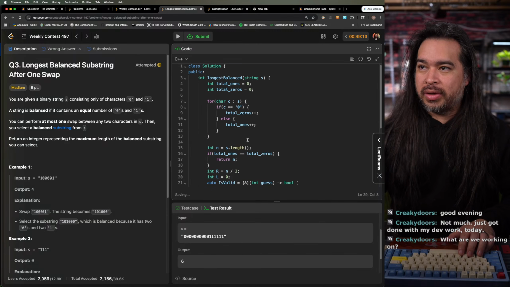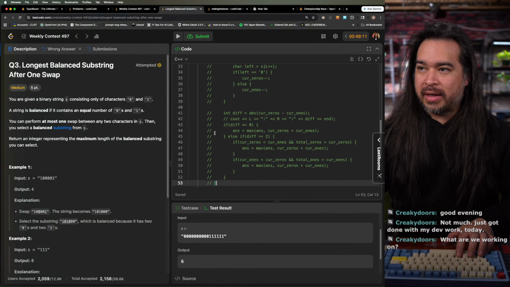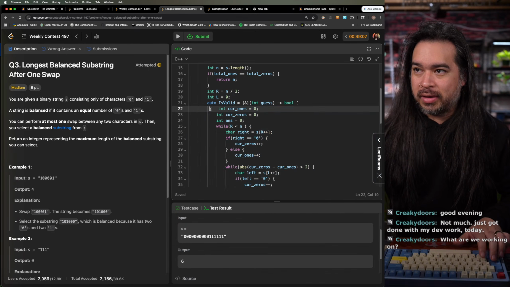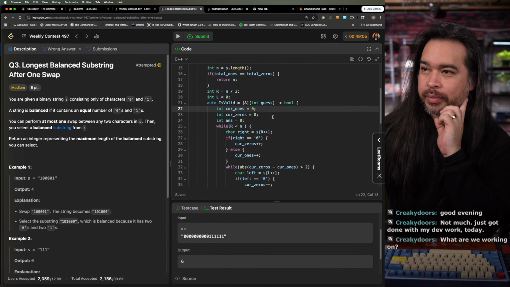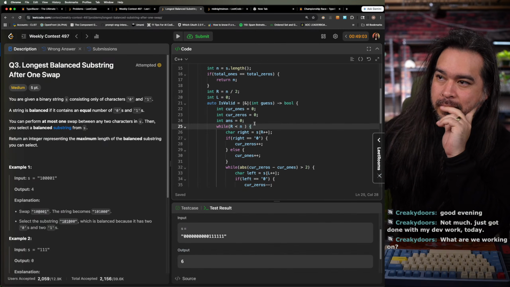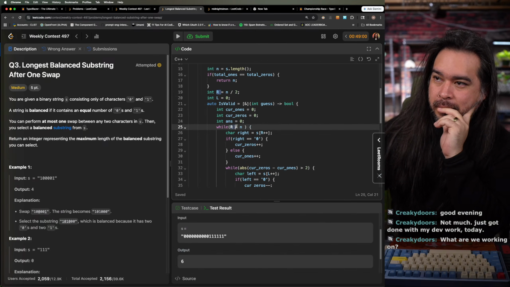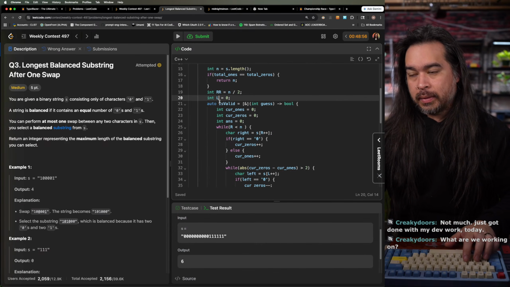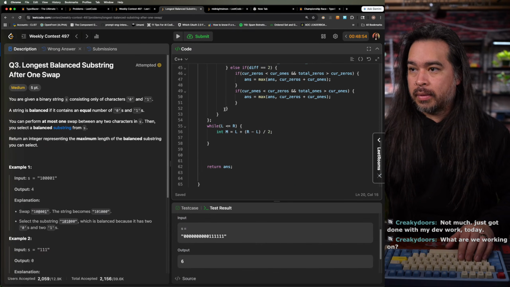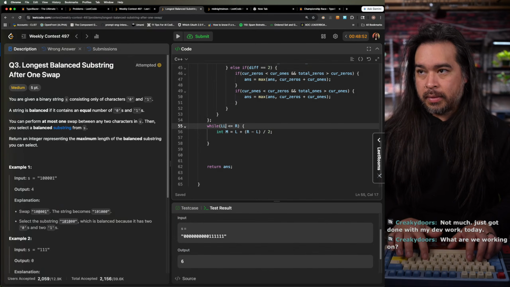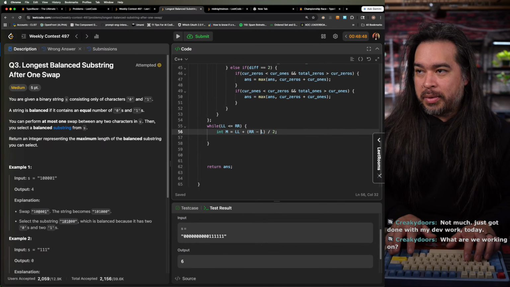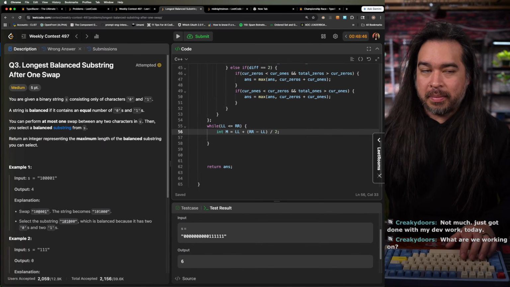All right, how do I know if it's valid? Let me put this all in here. It's terrible variable names, but it's okay.